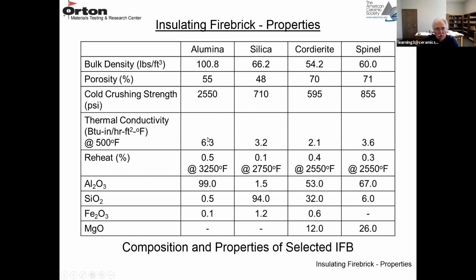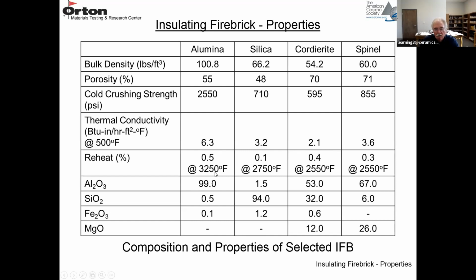So as you go up in alumina content, you're going to have a higher thermal conductivity. This is 6.3, 6.3 in the BTU units at 500 degrees F, and these are a little bit lower. So again, the reheats, this one's quite high temperature, 3250.